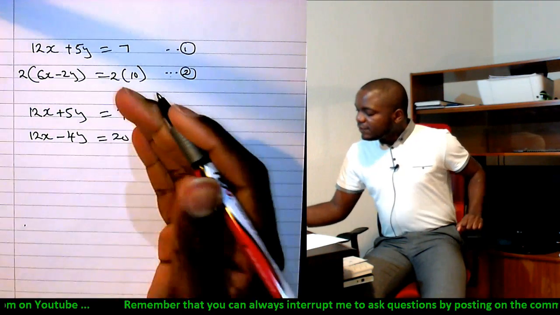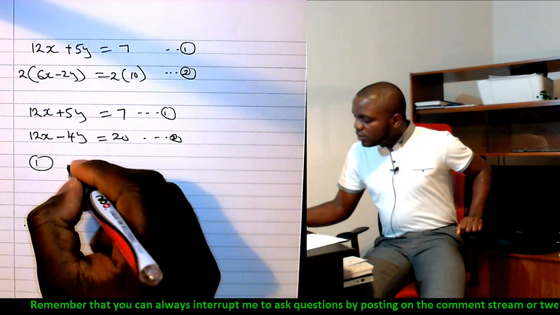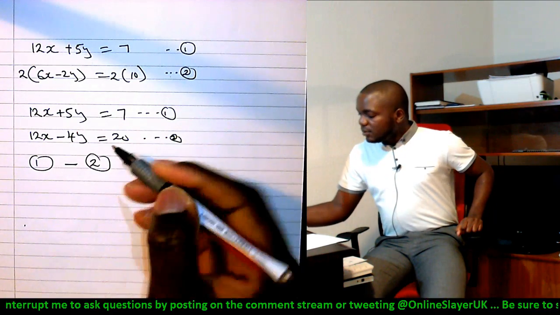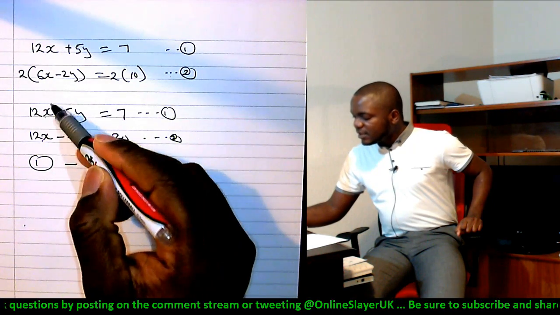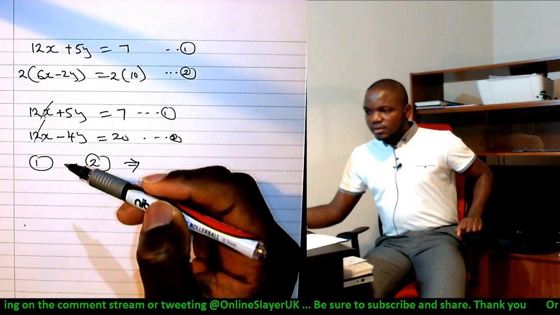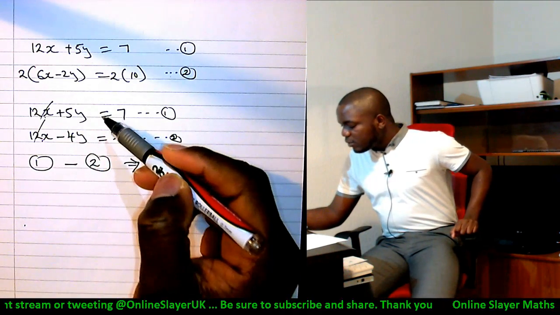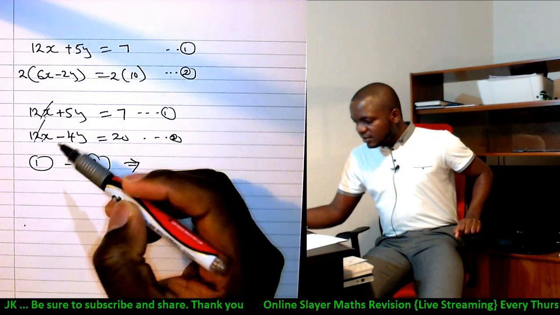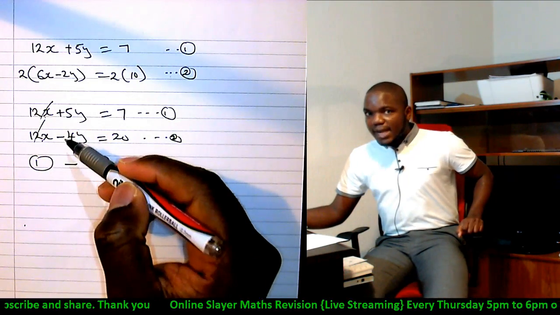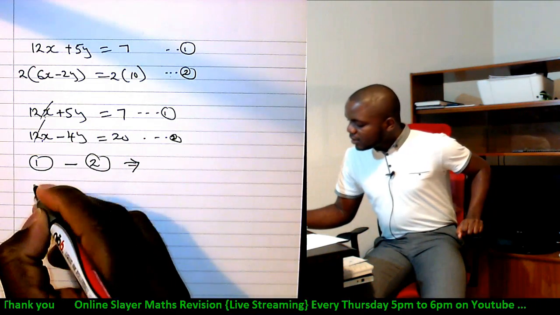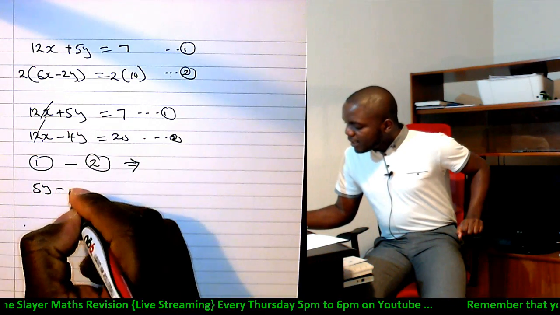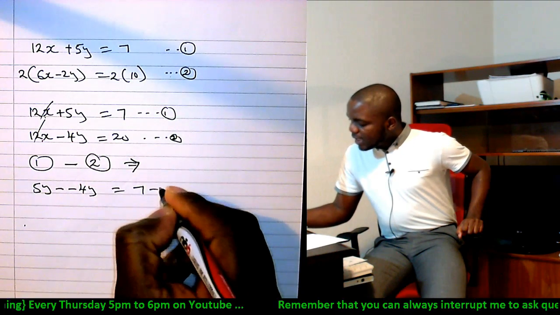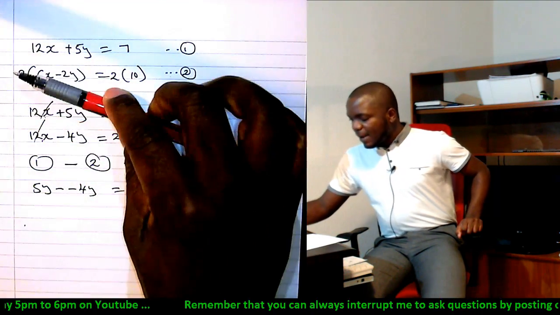It is so easy for me now to say equation 1 minus equation 2, and that gives me something, because if I subtract this from this, they are going to cancel. So 12x plus 5y minus 12x minus 4y is 12x minus 12x, 0. 5y minus 4y equals 7 minus 20, because all of this minus all of this.